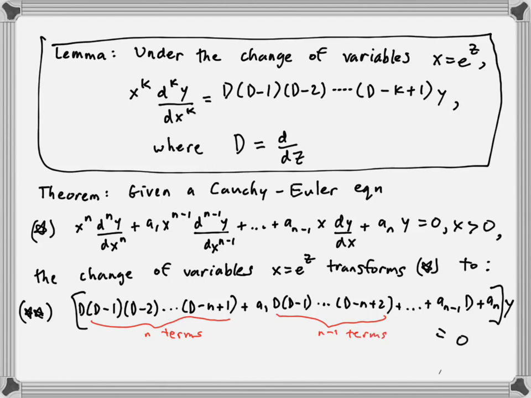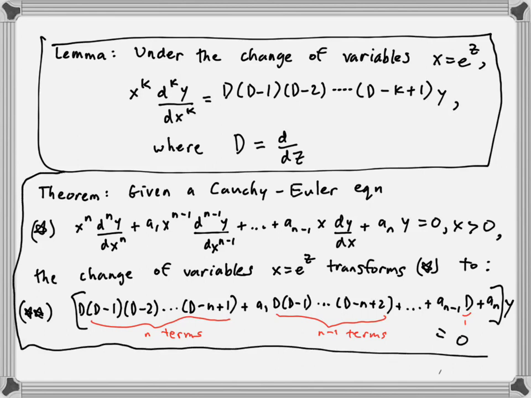So there keeps being one less, and finally there's only one term, and then there are 0 on the last one. So the number of terms you have matches up to which derivative you're on. If it's an nth order, you're going to start by going down n times. So this is the theorem that unlocks how you do differential equations that are Cauchy-Euler.